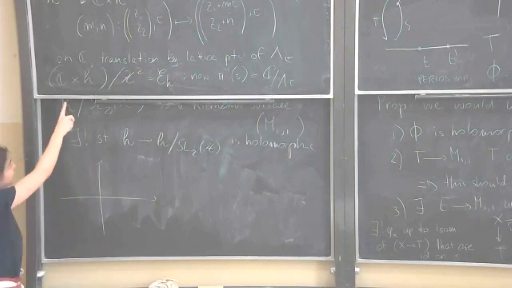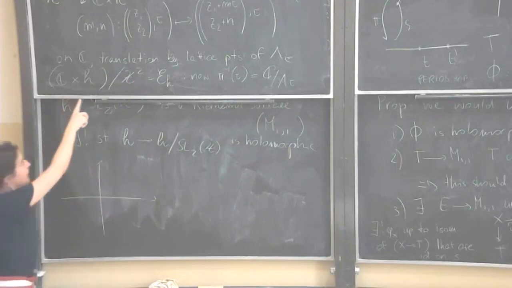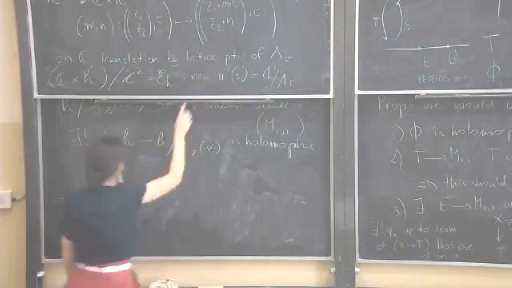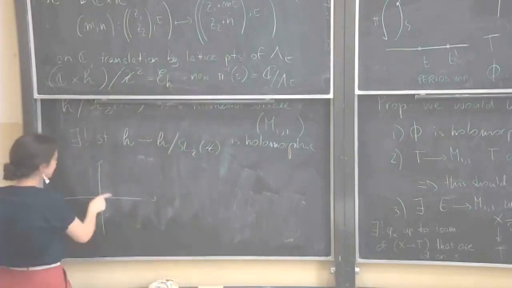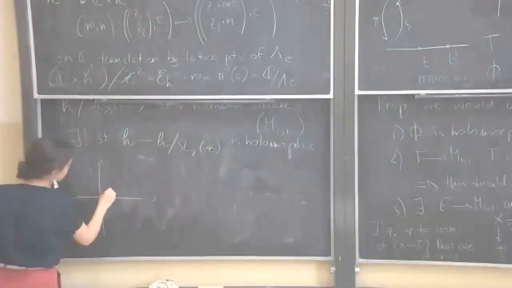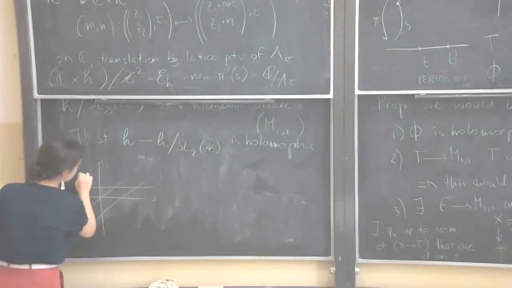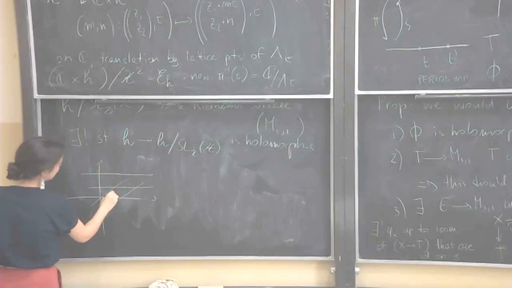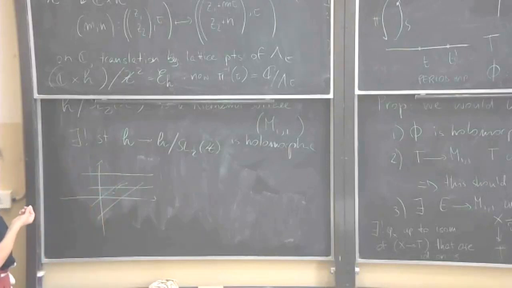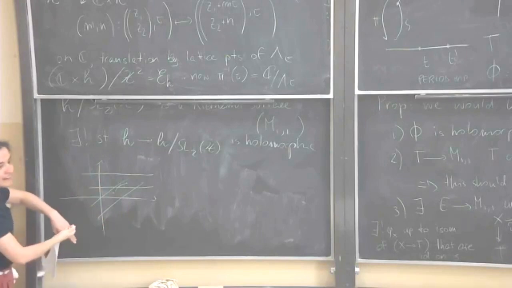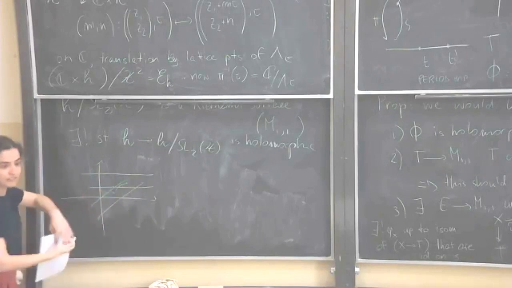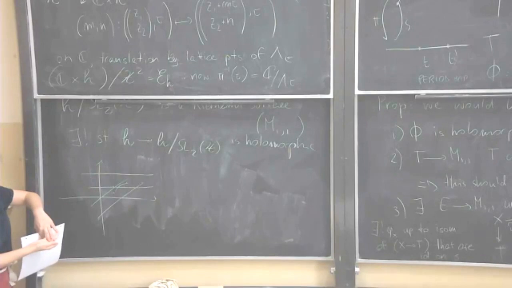When you add to it an element of this lattice, you are translating by points of the lattice. So for instance, if our lattice is something like this, and you're sending this point to, yeah, you are actually taking the quotient over the points of the lattice, and you're getting an elliptic curve.